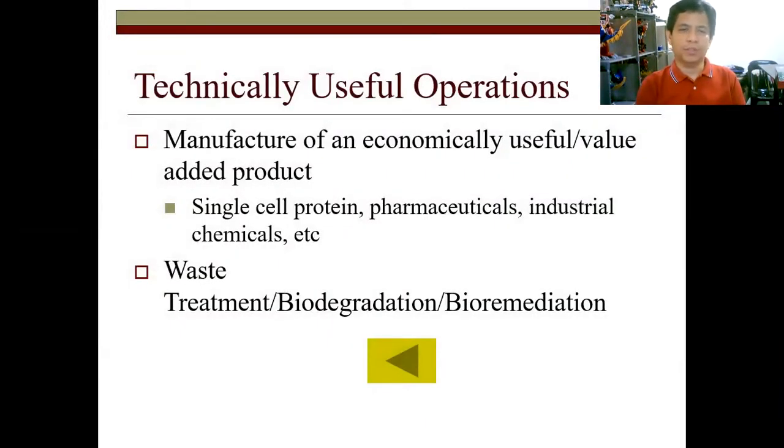Technically useful operation refers to the manufacture of economically useful or valuable products like single cell protein. Here we use bacteria to produce protein, and then we use the protein in animal feeds.